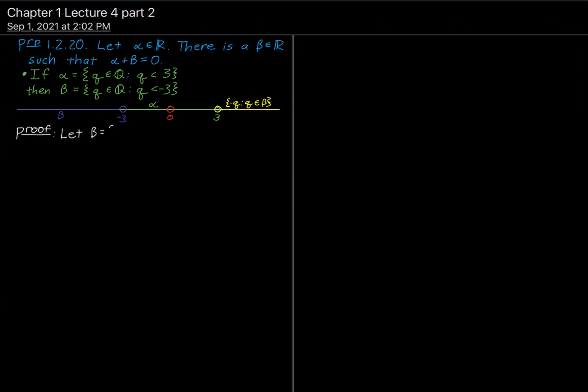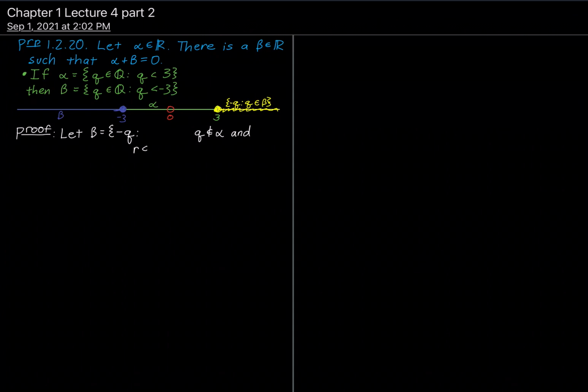We're going to let beta be the set of all negative q such that q is not in alpha. So that would be picking up all of these guys up here, except we'd also pick up this thing. We'd end up trying to have negative 3 be an element of beta, and that's no good. So we want to make sure that that's not true.